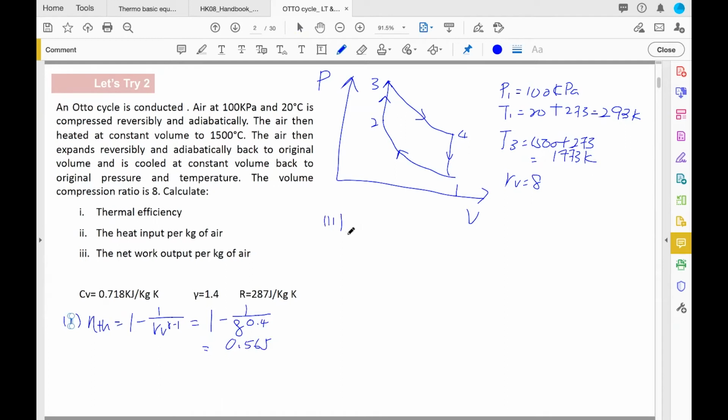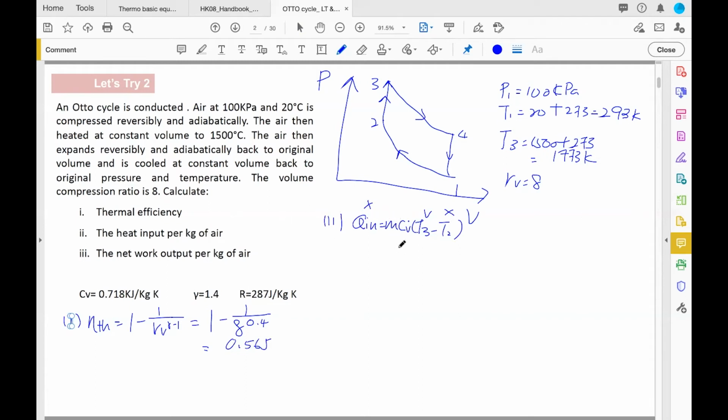Question number 2, the heat input per kilo of air. We know that Q equals m Cv (T3 minus T2). We know T3, but we don't know T2, so we don't know Q in.